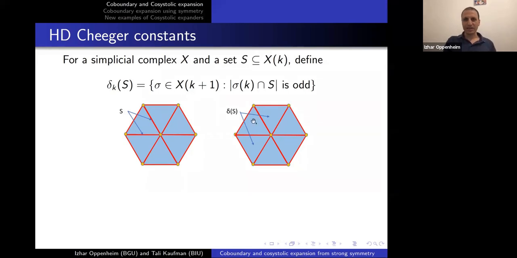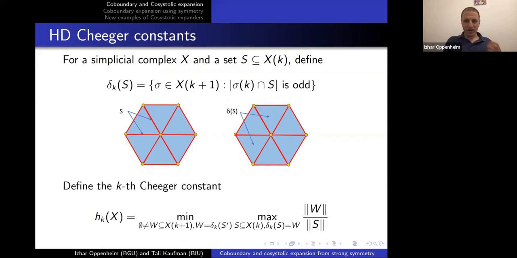This triangle will be in the cut set since it meets the set S only at this edge, so it meets S only once, and so on and so forth. You can see that the cut set of this set of edges S is exactly these 2 triangles.